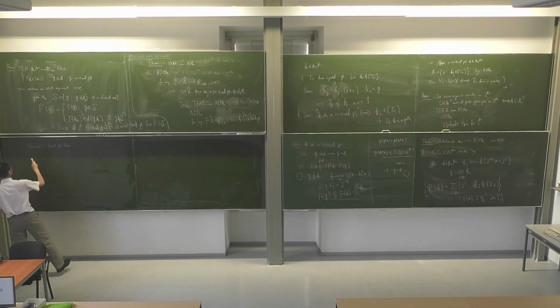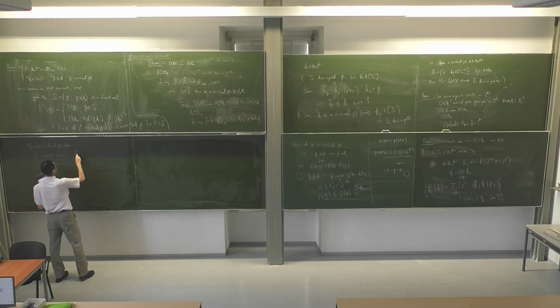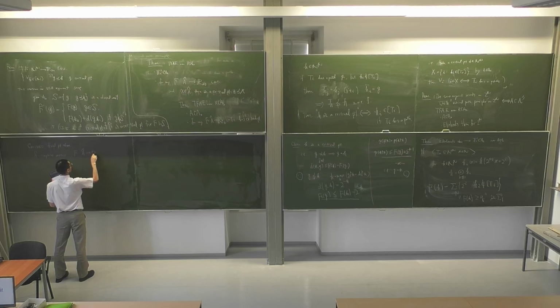It says that, so A hat is a complete separable metric space, I mean, separability is not important for the original statement. And capital F is a potential function, the same thing, A hat to R positive, lower semi-continuous.